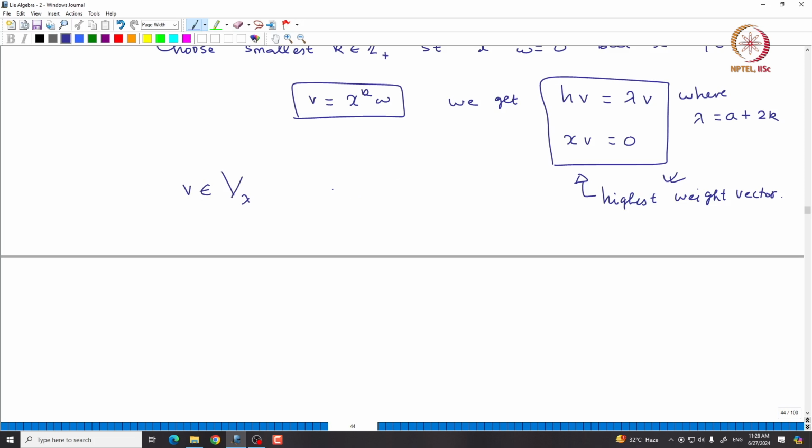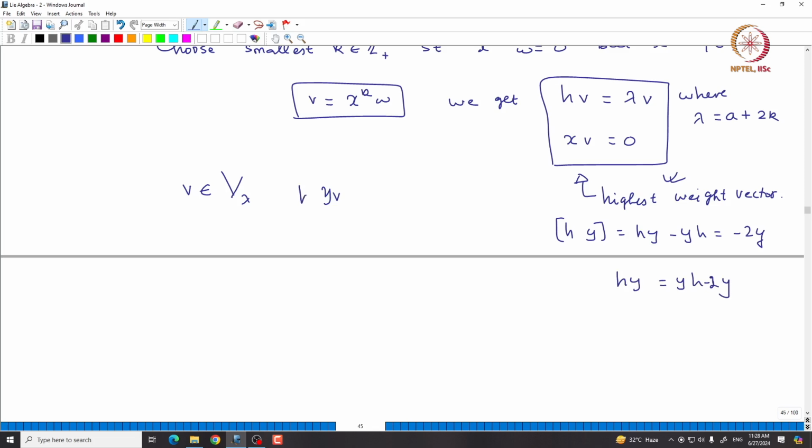So, now if we apply y on v, where can it lie? It is again a simple calculation using the bracket formula: the bracket of h and y, which is hy minus yh, is equal to minus 2y. So, in particular hy is going to be yh minus 2y.